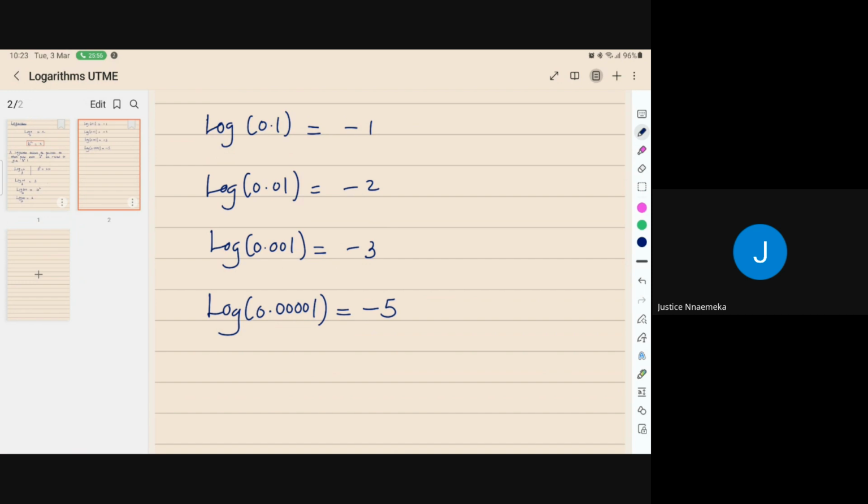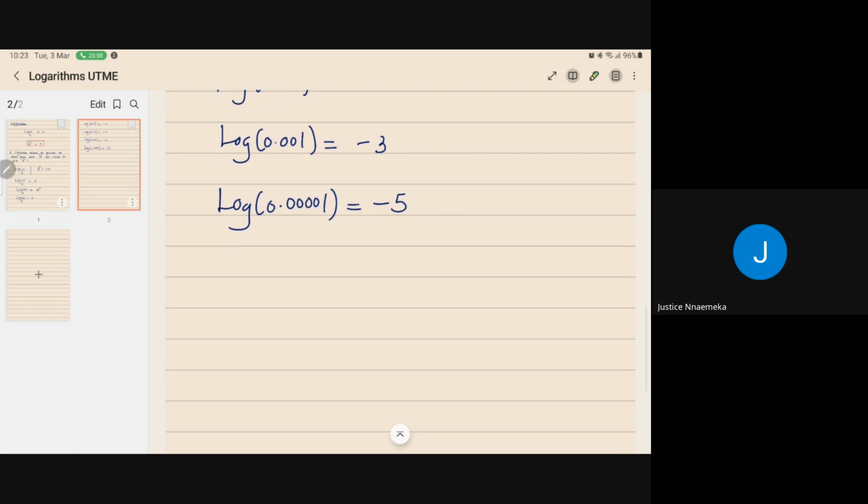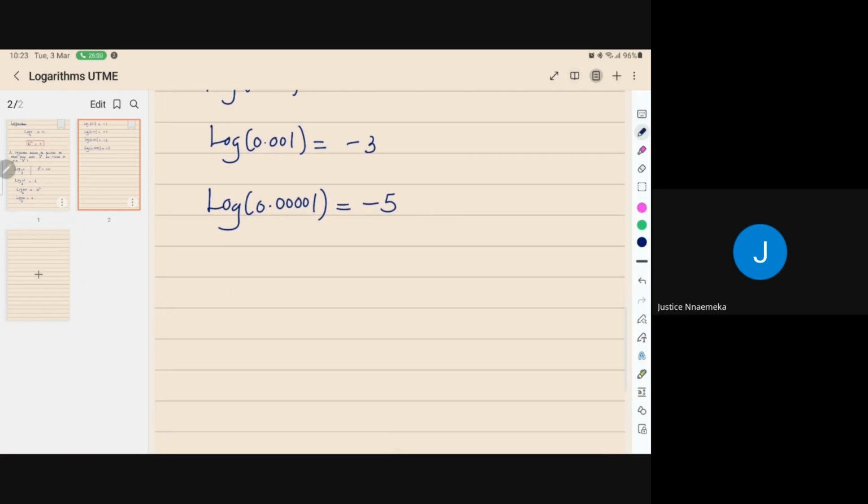Which other thing? Also, if I have something like log base 4 of 16, it is simply asking me which number will I raise 4 to so I can get 16, and that is 2. Now also observe this. Let's now assume I swap the base. Let's have log base 16 of 4.